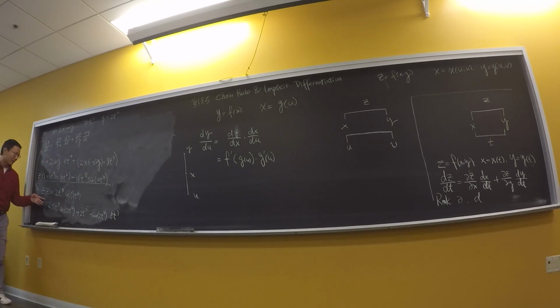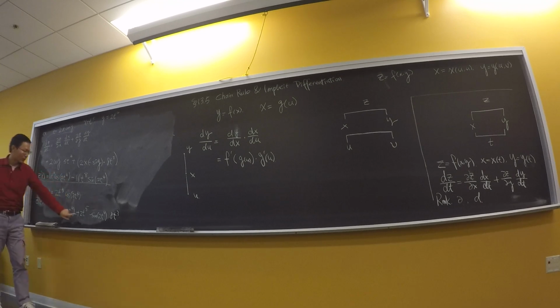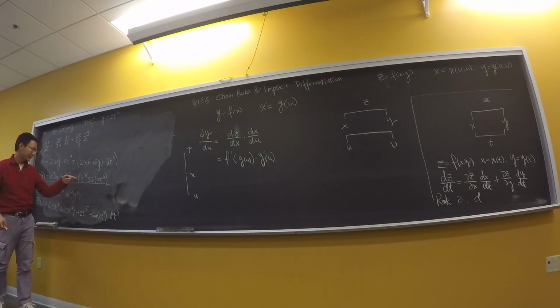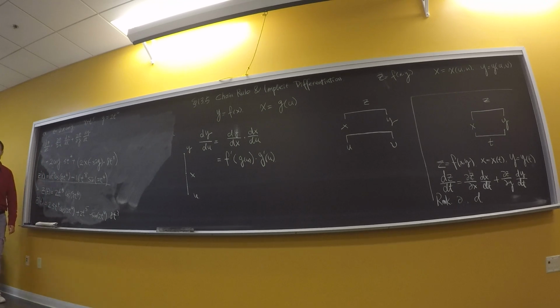So if you simplify all these two terms, you're getting exactly 10t^4 cosine 2t^4 minus 2 times 8, 16 t^8 sine 2t^4. Okay? They're exactly the same.